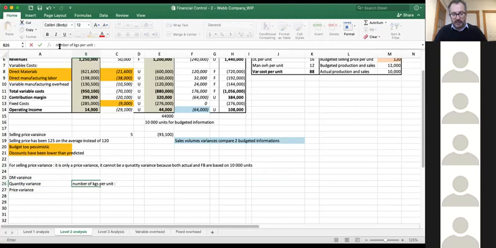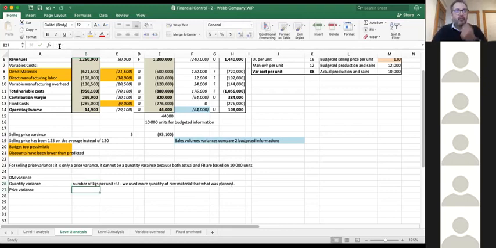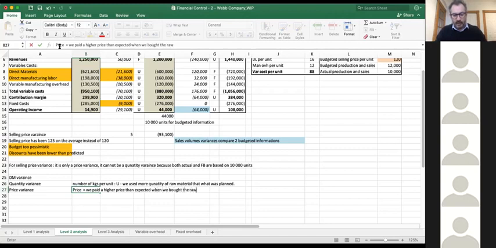If it's unfavorable, it could mean that we used more quantity of raw material than what was planned. And for the price, that could be that we paid a higher price than expected when we bought the raw materials.